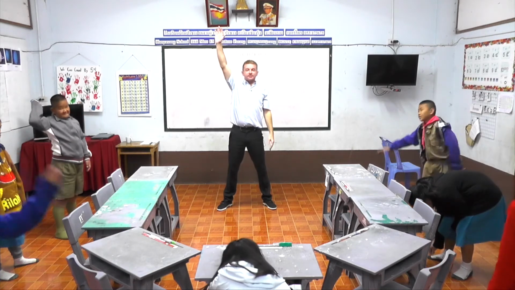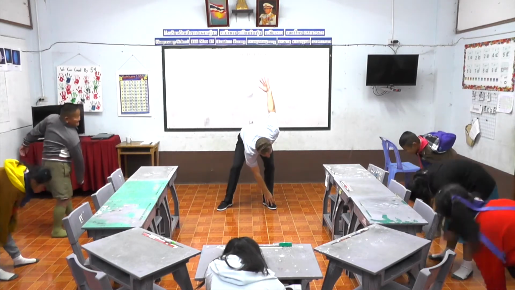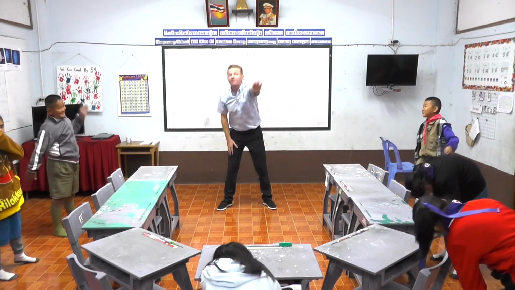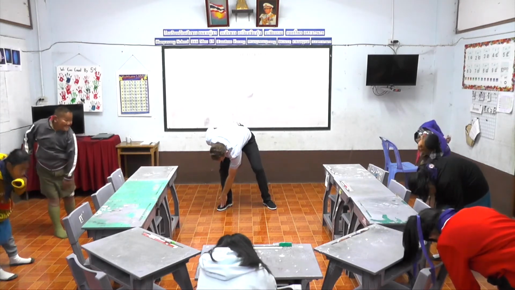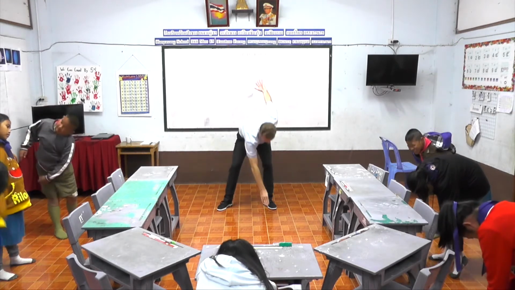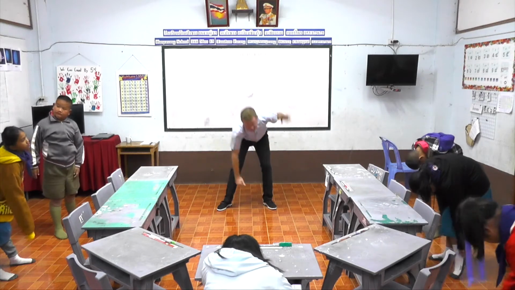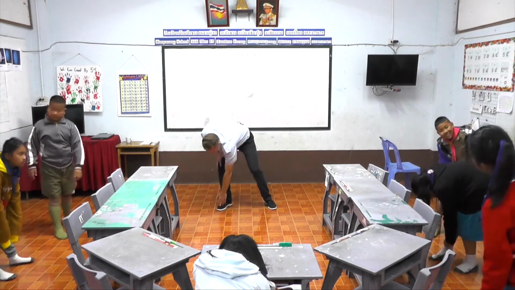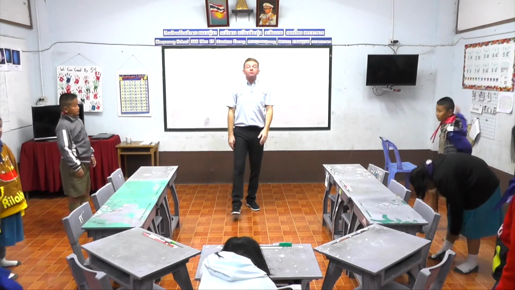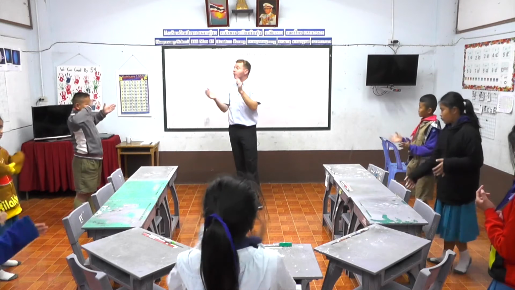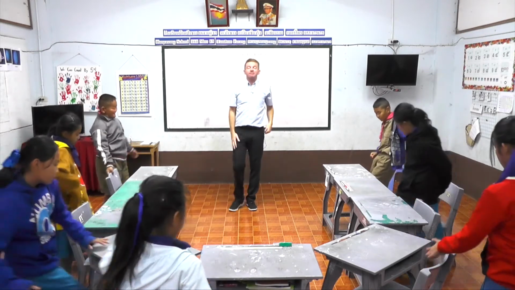Right hand, left foot. Left hand, right foot. Right hand, left foot. Left hand, right foot. And to finish, guys, we will do 5 claps. 1, 2, 3, 4, 5. Brilliant, guys. Have a seat.